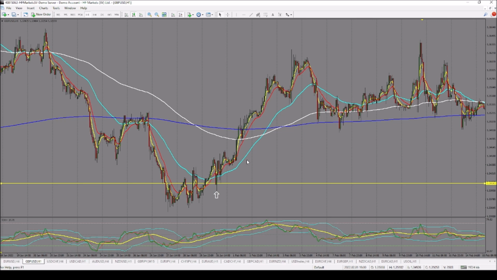After that level 1 flow, then a pullback to the previous supply and demand zone, which has been derived from the previous flow, and then candlestick rejection of that supply and demand zone. If you would like to increase the accuracy, you will need a pattern that meets our trading criteria. That now is in our advanced course.